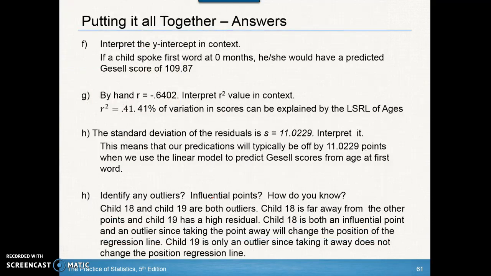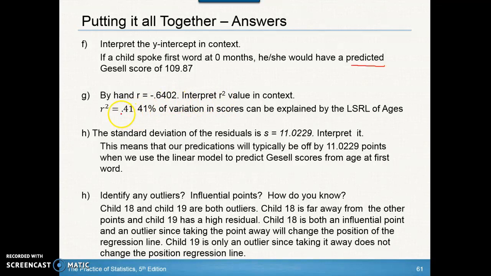What's the Y-intercept? Okay, the Y-intercept, remember, is always going to be 0, Y. So if a child spoke their first word at 0 months, he or she would have a predicted Gazelle score of 109.87, and notice how the word predicted is important here because we're using our line to predict. Let's take a look at our R value and interpret the R squared in context.